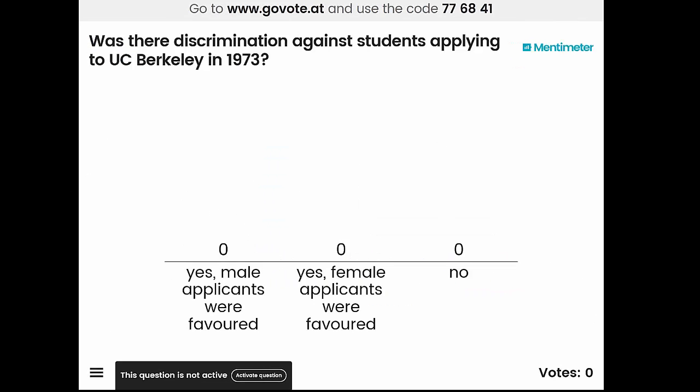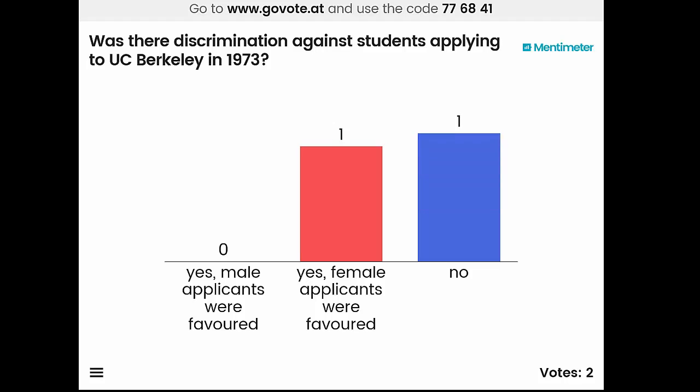Okay, but now another question that has to do with the readings. So remember when we had this one text by Bickel and others. It was about graduate admissions at Berkeley.